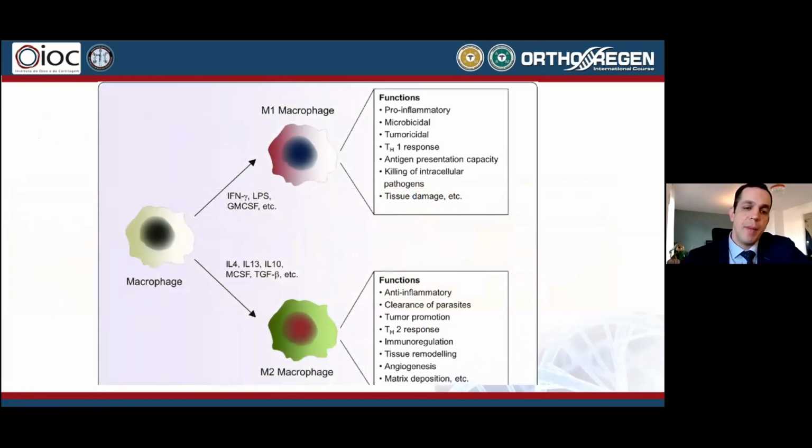We have to remember that the macrophage can be transformed, depending on the environment of the joint, into an M1 macrophage, which is an inflammatory macrophage, or an M2 macrophage, which has more regenerative properties. And our goal is to change this M1 macrophage to M2 macrophage.